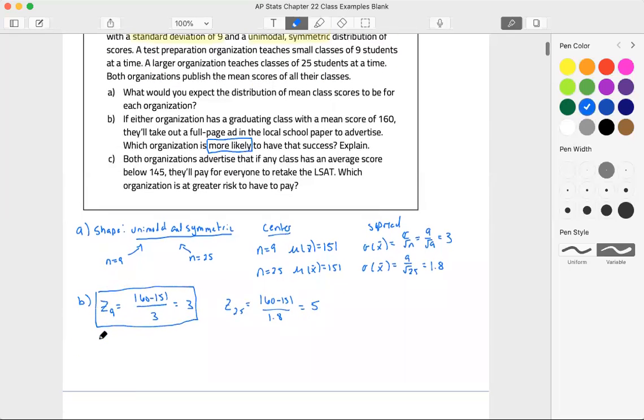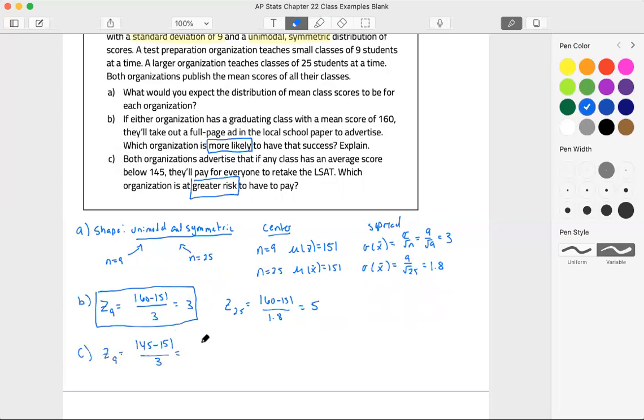And then part C, both organizations advertise that if any class has an average score below 145, they'll pay. So which one's at more risk? So again, greater risk, I'm going to look at z-scores again. So in part C, I'm going to take a look at the z-score for 9, and I'll take a look at 145 minus 151 divided by 3.